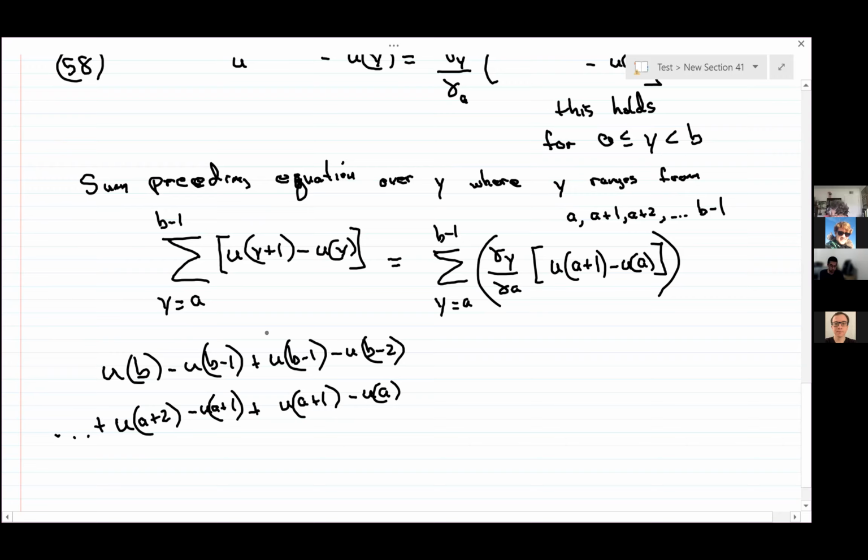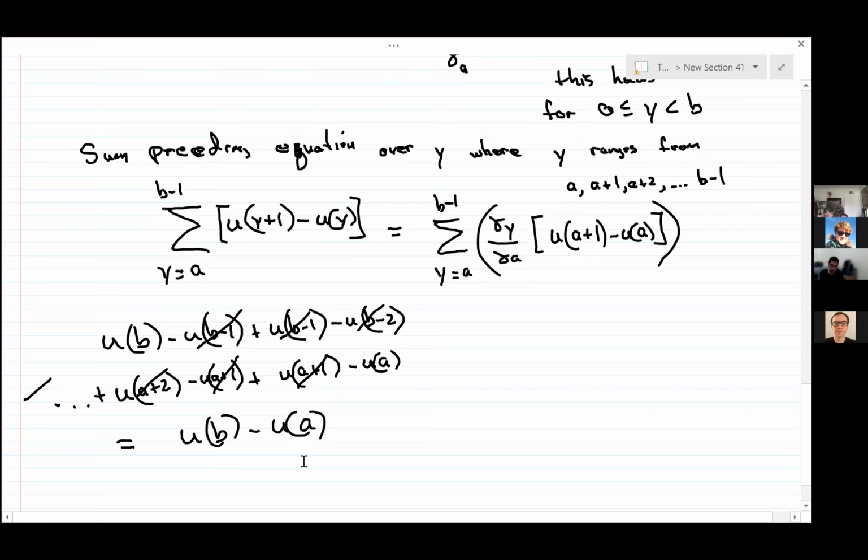So on the right side here, it's fairly clear, I hope, that this cancels this, and this one will cancel the next one over here, and so on until you get down here. This will cancel what's preceding it, and these two, you can see the cancellation. So like the usual telescoping series, you just get contribution from the top, which in this case is u of b, and then minus u of a. Okay, that's on the left side of this equation.